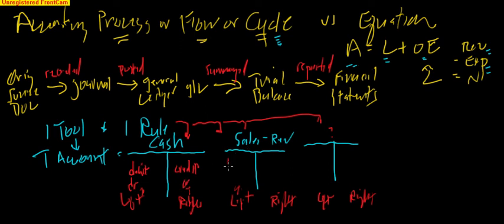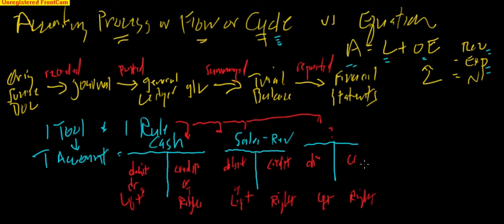So for sales, there is a debit side and a credit side. Always, see the rule? The left side is the debit. The right side is the credit. It doesn't matter how many accounts we list here. For every account, the left side is the debit and the right side is the credit.